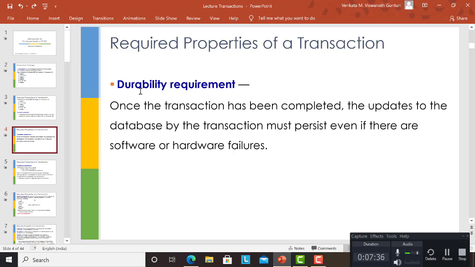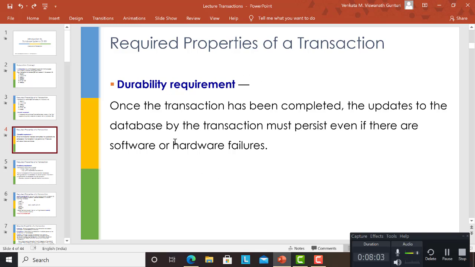Once a transaction has been completed, and there is a very formal definition of what we call completed, and the updates have been written, those should persist in your system for time eternity. You should never lose the information, right? Even if your disk crashes, right?